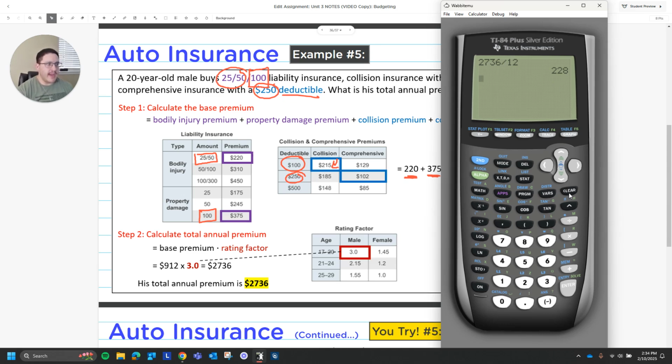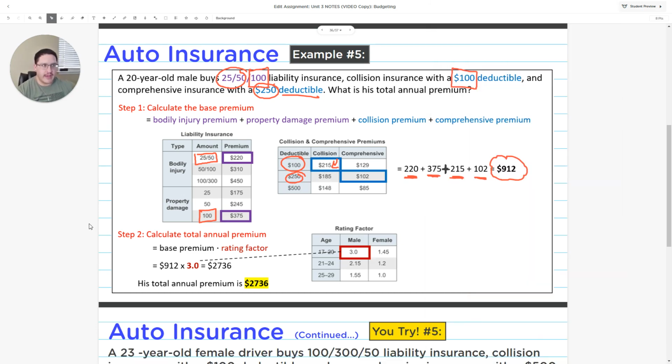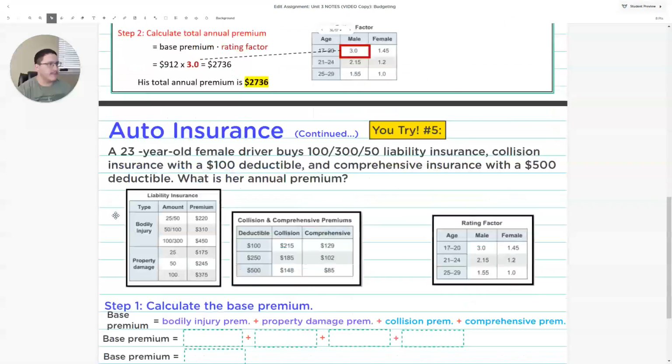Now, it could be that you're paying this for 6 months, which some insurances do have. They have a 6-month policy that you would follow. So maybe you divide this by 6 instead, and you're paying $456 per month for insurance. Anyways, that's an aside to this problem.